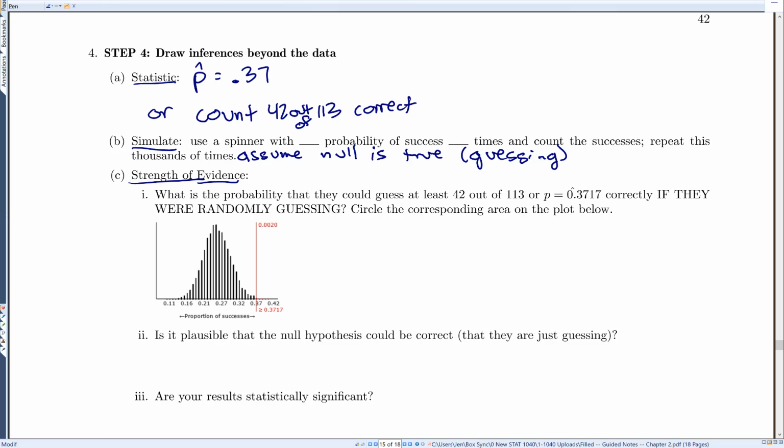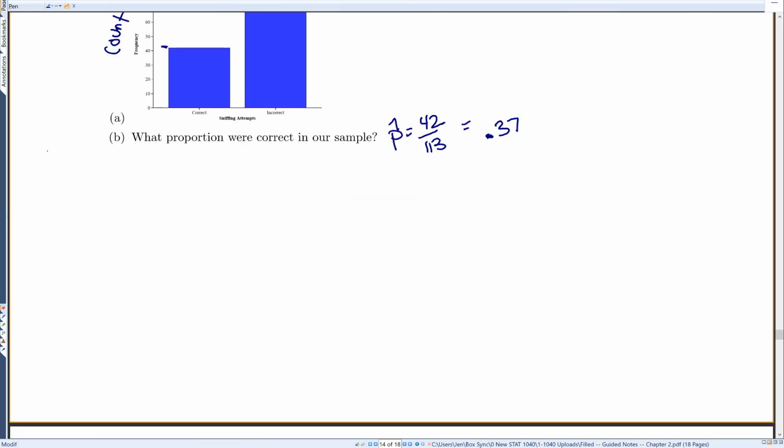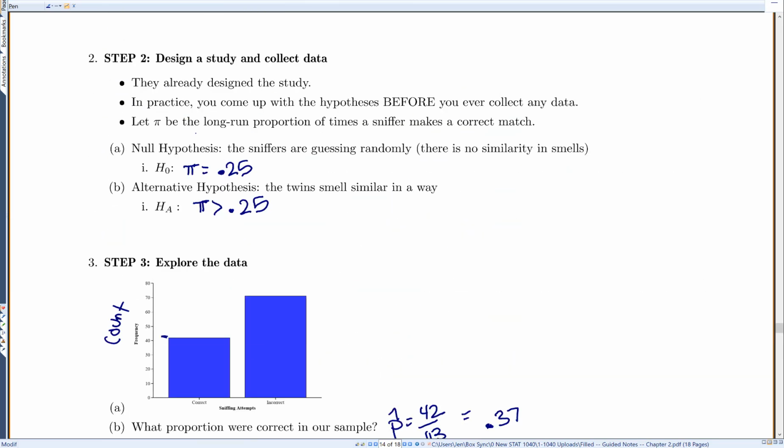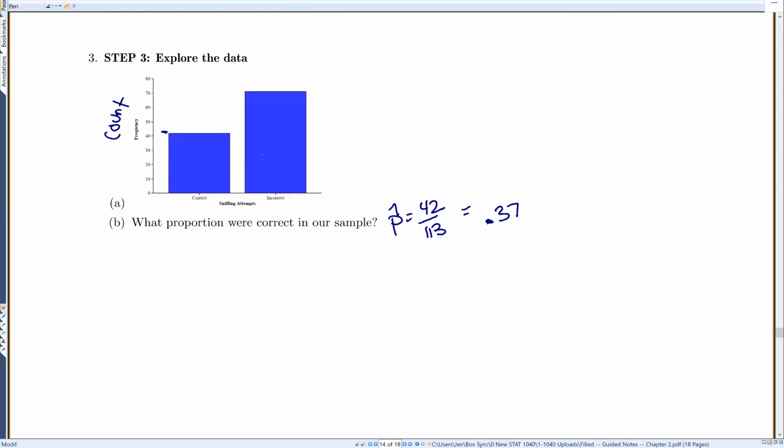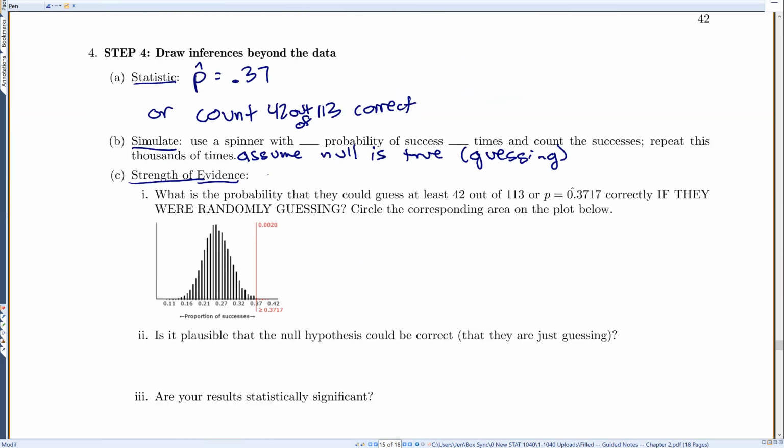So if you go back, if you forgot, look back up at that null hypothesis. What did we say the probability was under the null? That it's 0.25. So when we simulate, it's very important that you put in the 0.25 as the probability of success and not your sample proportion of 0.37. So we'll use a 0.25 probability of success, and we have to do 113 times because that's how many actual observational units they had, and we count the successes, and then we repeat that thousands of times.